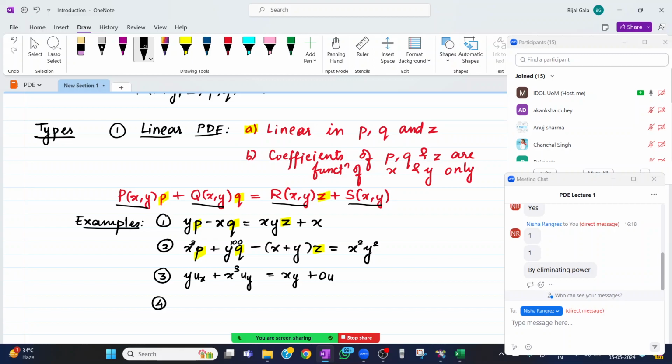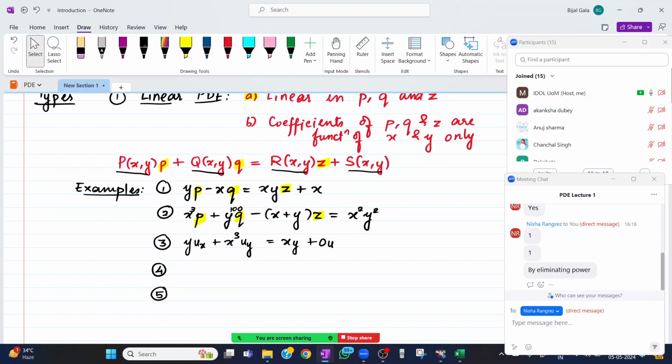Come on, I want 2 examples from you all. Give me 2 examples of linear.